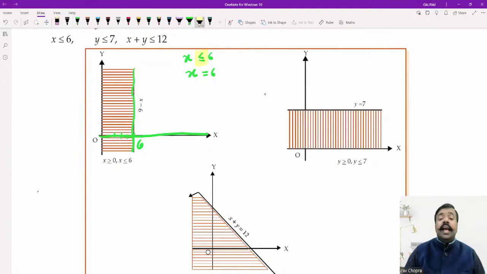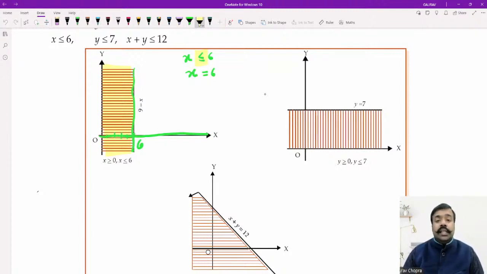We are given x is less than or equal to 6. Since it is less than, we have to go towards the origin, that means the inside area. This is the shaded region because it is less than or equal to 6 and greater than or equal to 0. All right.